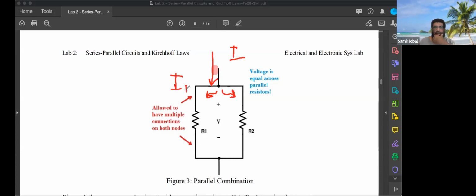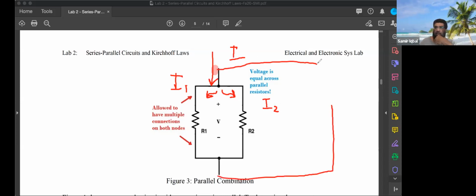But it is important that the voltage across these two paths will be the same, V, which is written here in the middle as well. This is an external voltage supply, so that's going to be the same.